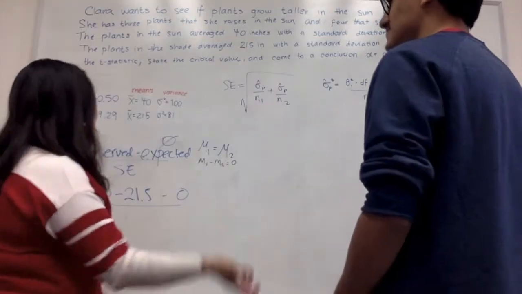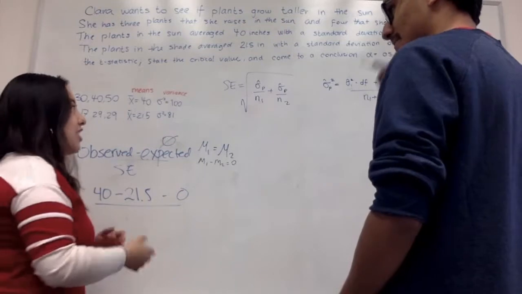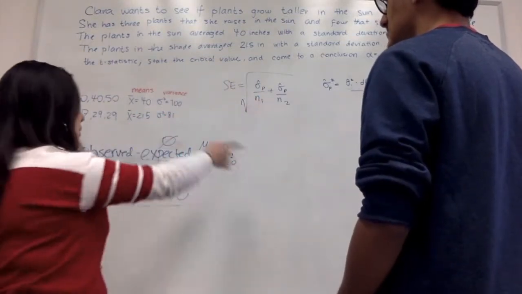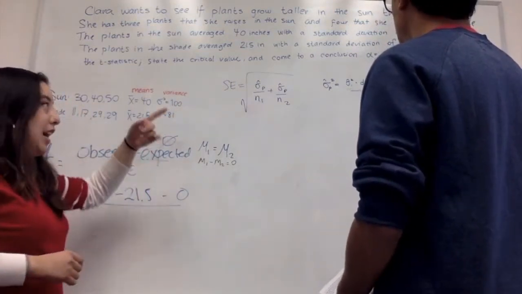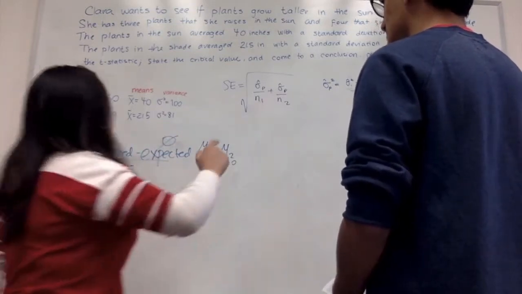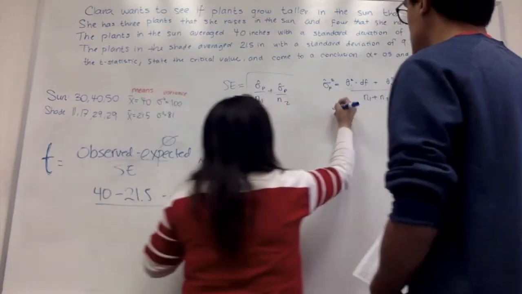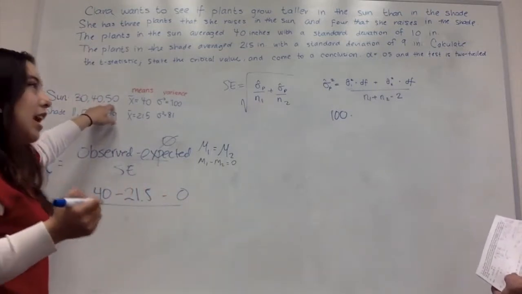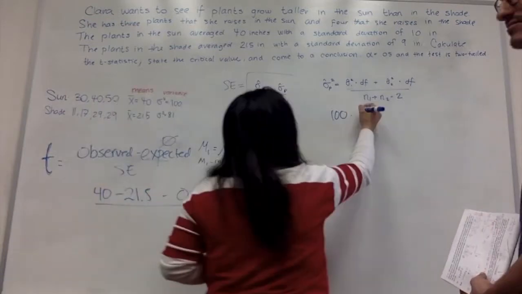There you go. So I already have these out for you, but the way I found it was that I squared the standard deviation. The standard deviation of the one with the sun was 10, so I squared it, which is 100. And then the other one that was in the shade, the standard deviation was 9, and so I squared it, and I got 81, and that's how I found it. So our first one is 100 times our degrees of freedom. We have 3 of these, and our degrees of freedom is the number minus 1, so 2.